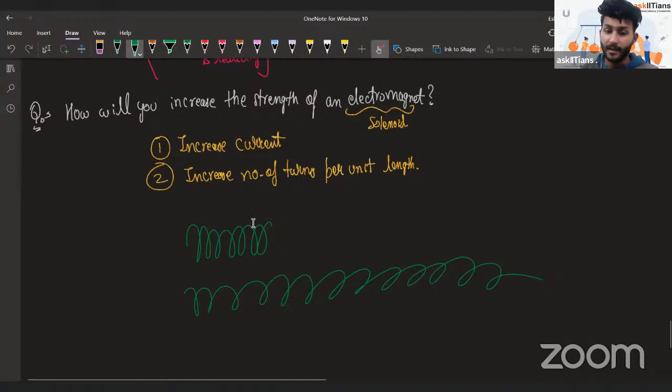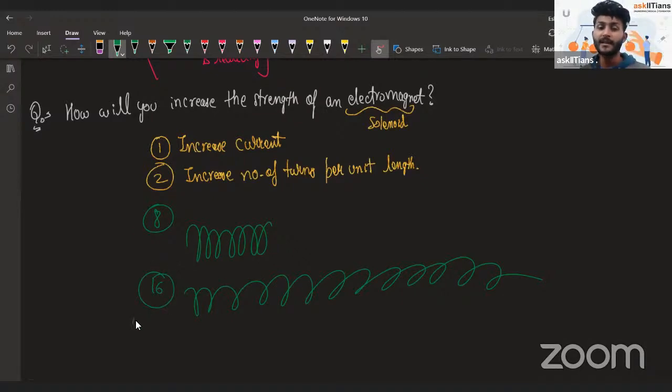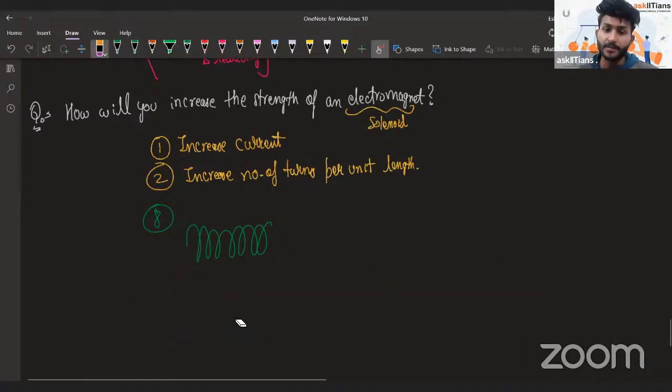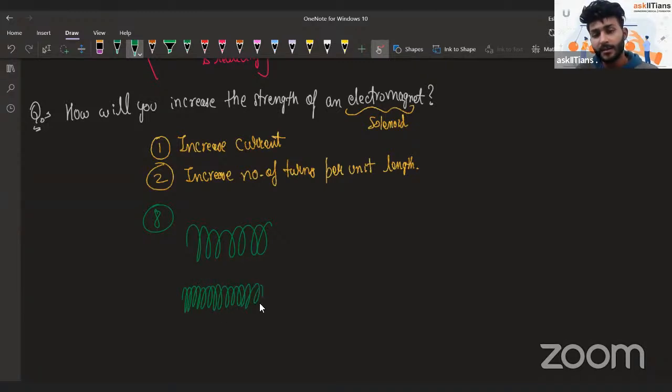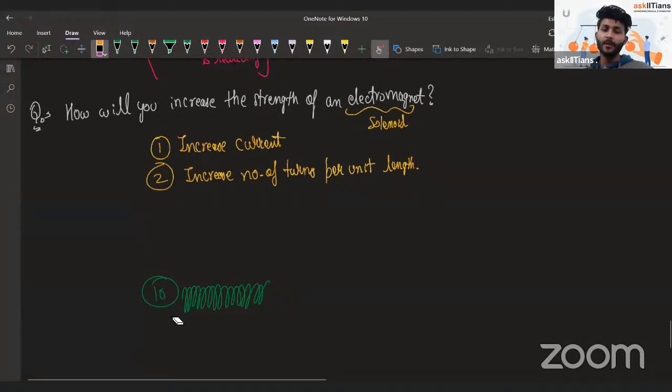No. Although it has, for example, 8 turns, this has 16 turns, still it is weak because you see it's spread out. So important is not to increase the number of turns. It should be increasing the number of turns in a given length. So per unit length, it should become 16. So please mention that also in your answer.